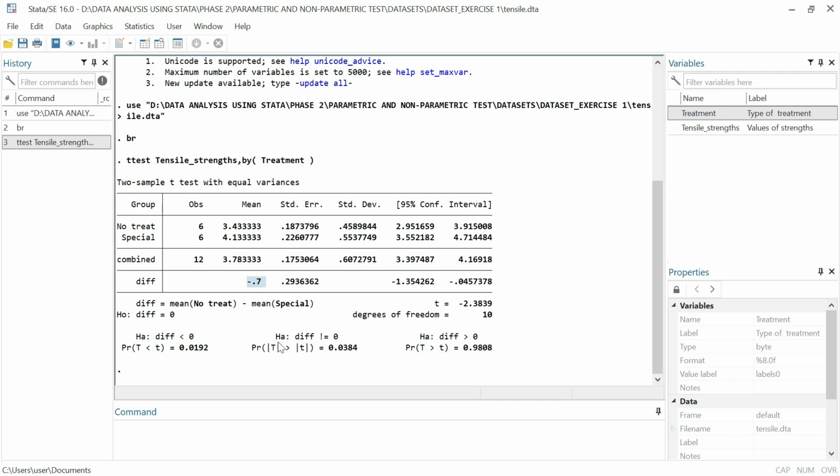So we can use one of these two p-values, this one or even this one, but not this one, because this one is only used if the difference is greater than 0, which is not the case. So let's use this one. The 0.038 will be our p-value.